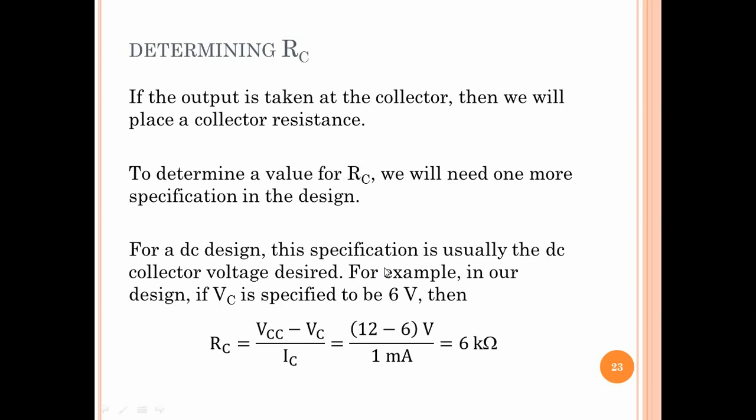So for example, we can say that we want the DC collector voltage to be 6 volts. If this is a requirement, then we say RC is equal to just Ohm's law, (VCC minus VC) by IC, 12 volts minus 6 volts by 1 milliampere, and so we get a value of RC to be 6 kilo ohms. Alright, and that would complete our design with RC.